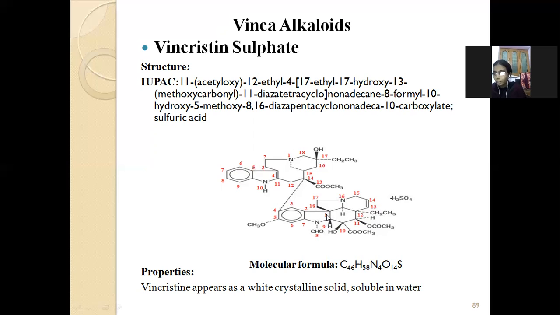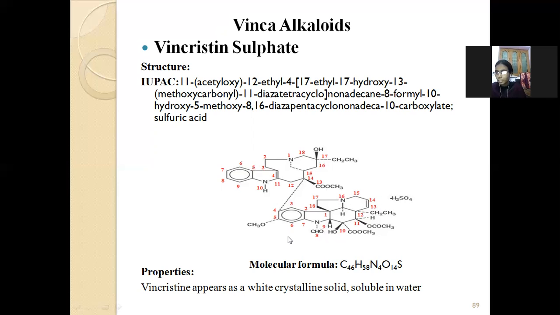Aza means nitrogen, present in the 8th and 6th positions.